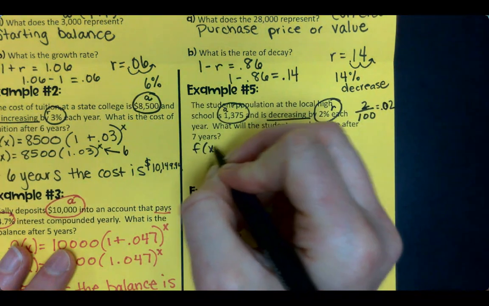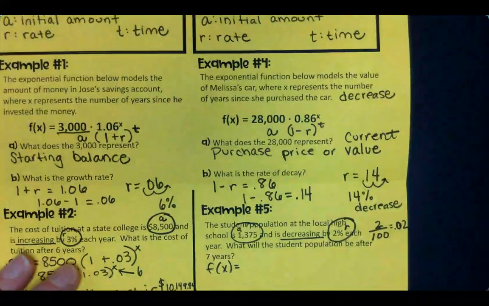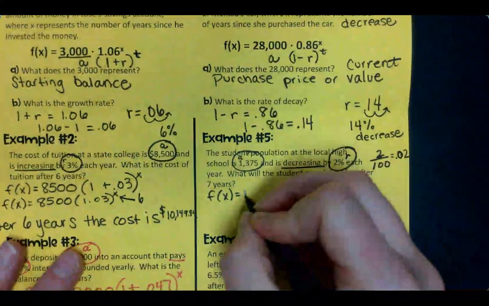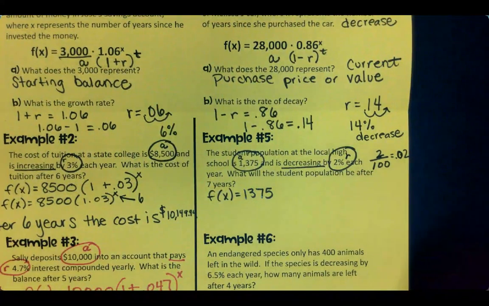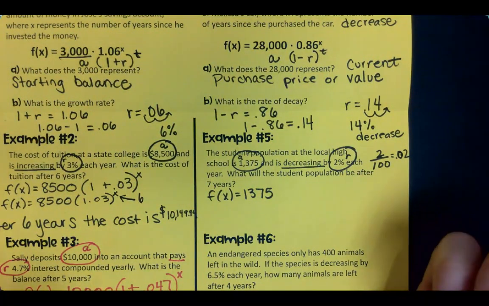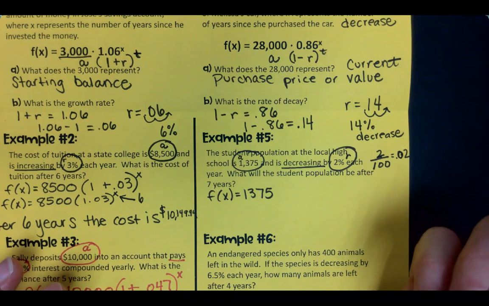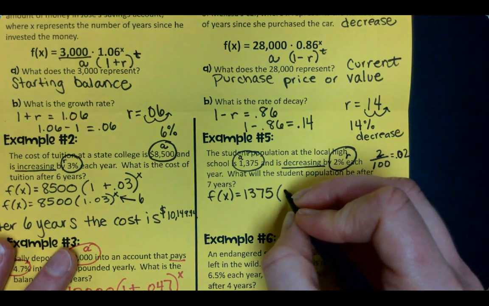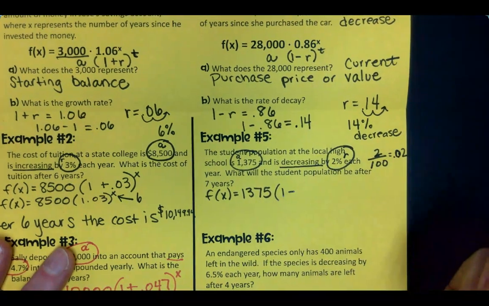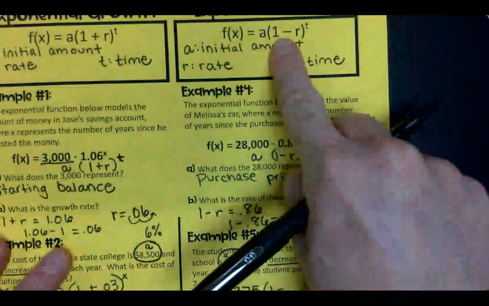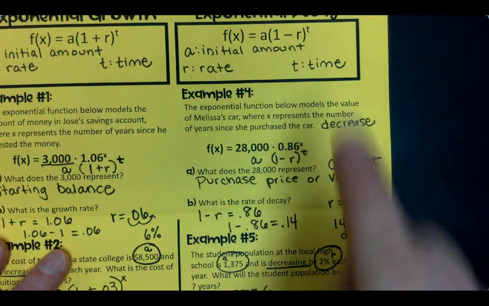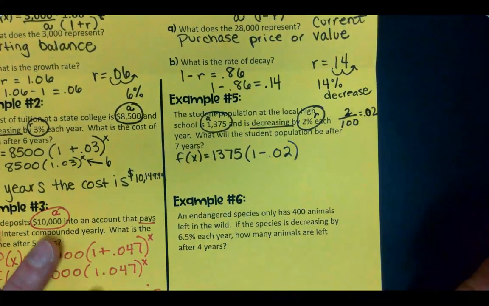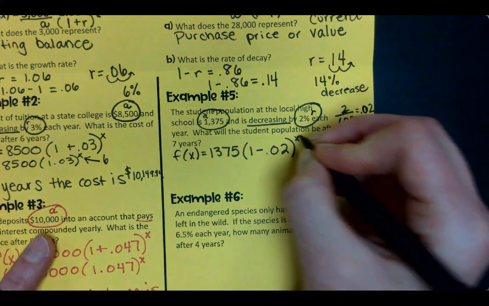So our equation is like this. Look back up here. A is first, so it's 1,375. Go ahead and put that down. That's your A. And then do 1 minus the rate, because that's what it says. 1 minus 0.02, and then it's raised to the x.